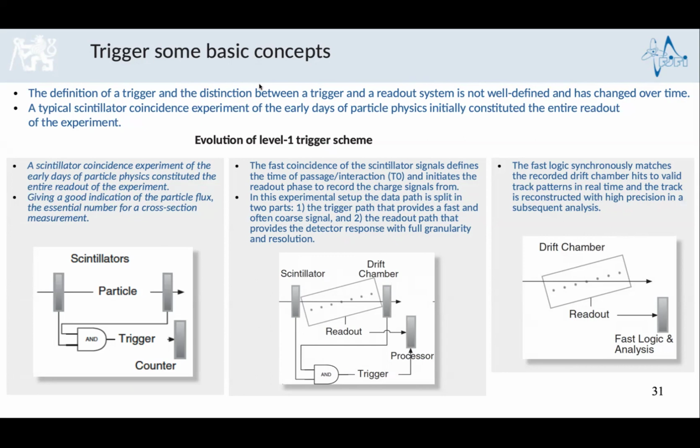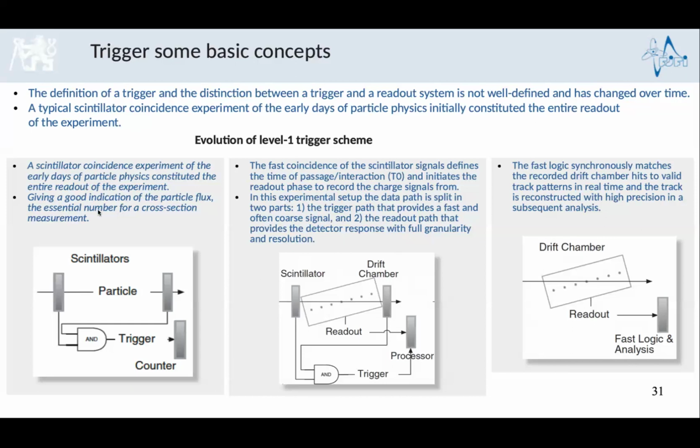So, the most basic form of trigger, as we saw from the previous lecture and from the history, is basically a coincidence between two detectors, a coincidence signal. Here is an example of different schemes, very basic schemes of level one trigger.